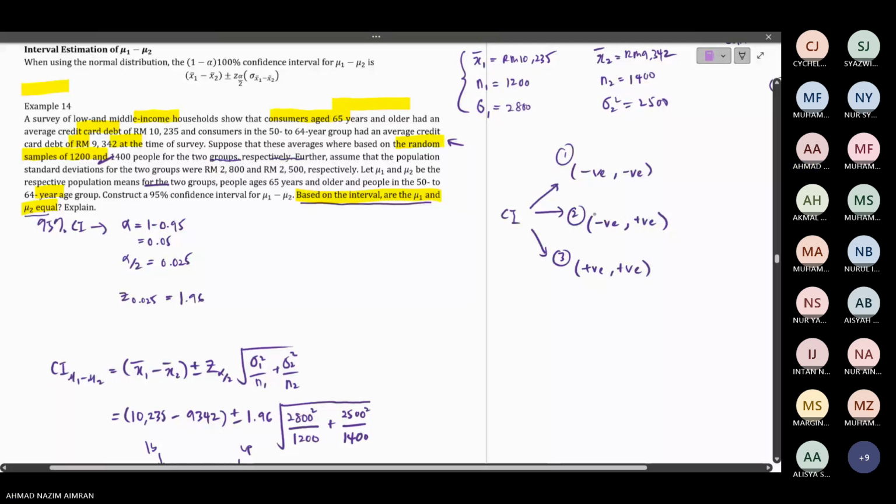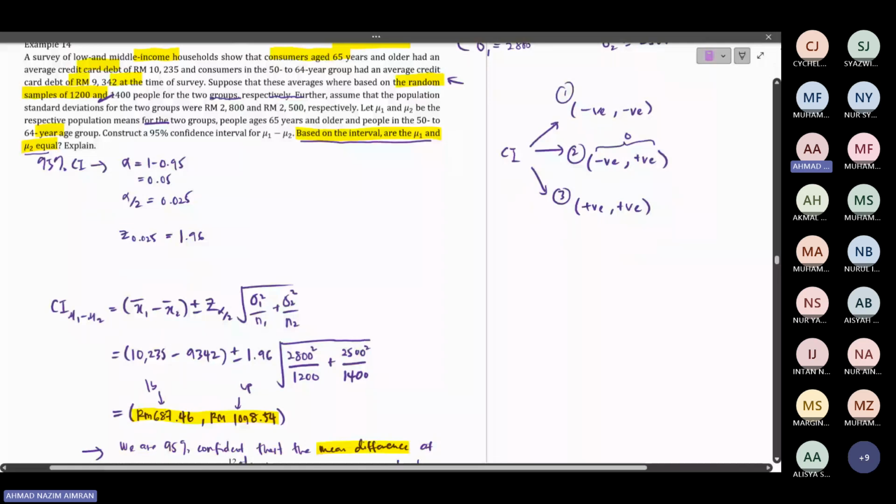In between, there is zero. So in this example, we get a positive lower boundary and a positive upper boundary. For the lower boundary we get 687.46, and for the upper boundary we get 1098.54. In this case, 0 is not included in our interval. So when 0 is not included, it means that the means are not equal.